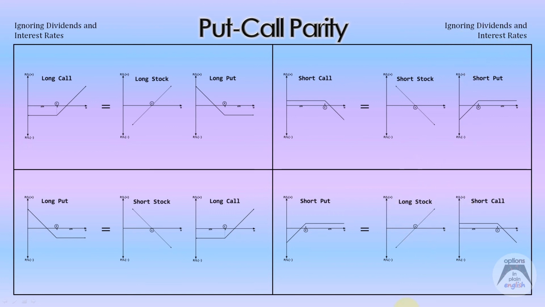So the pricing relationships, you have to be very careful, and that's why I wanted to have this lesson, because most people look at put-call parity and they get the formulas and they just start applying them. You have to understand that these formulas are the result of actually having a mathematical formula behind them, and that mathematical formula is going to have to take into account dividends and interest rates.